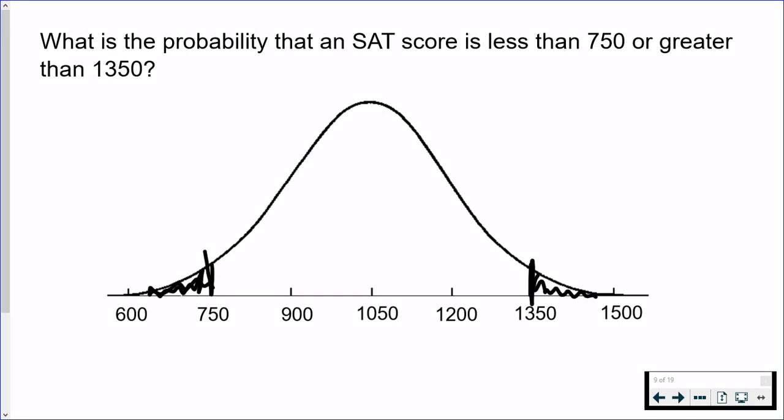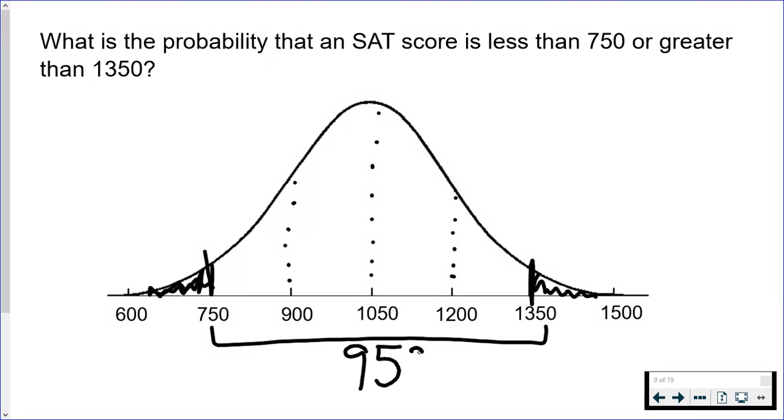Again, there are a few ways you can answer this, but I'm going to use the empirical rule again. According to the empirical rule, this section, 2 standard deviations away from the mean, is 95% of the data. In other words, 95% of SAT scores are between 750 and 1350.